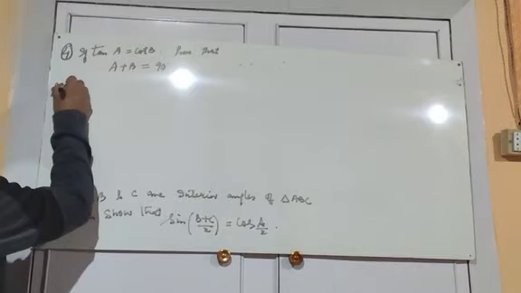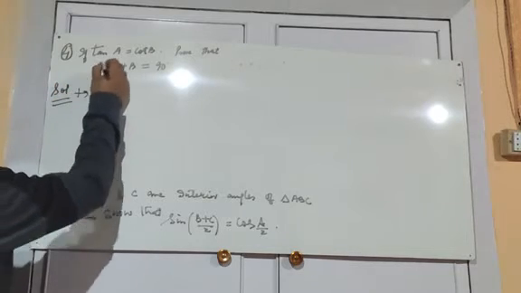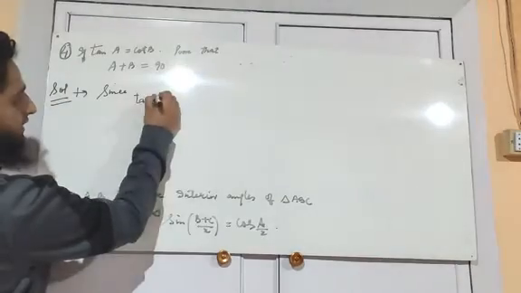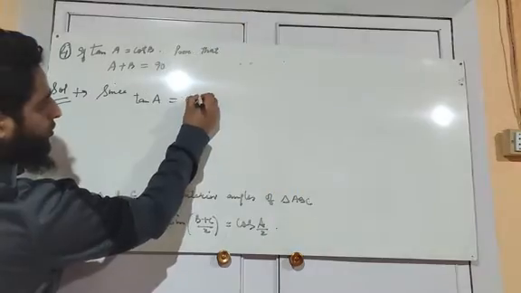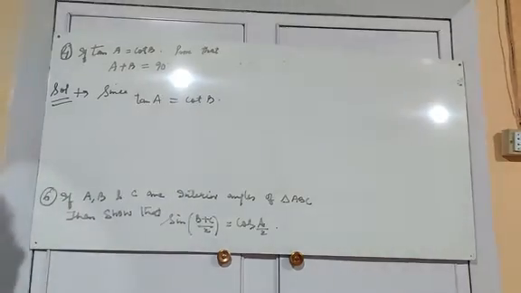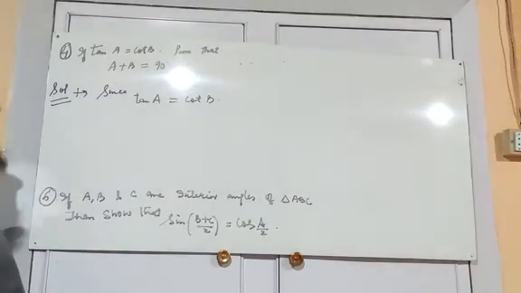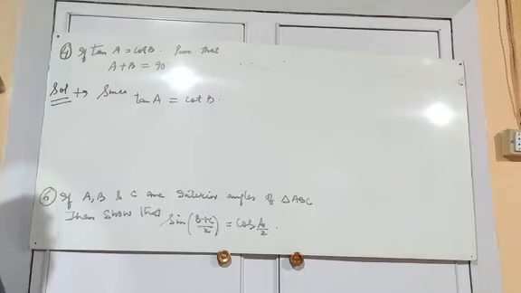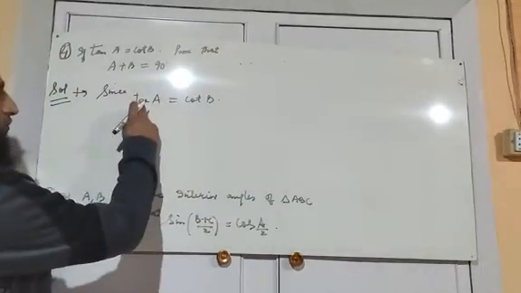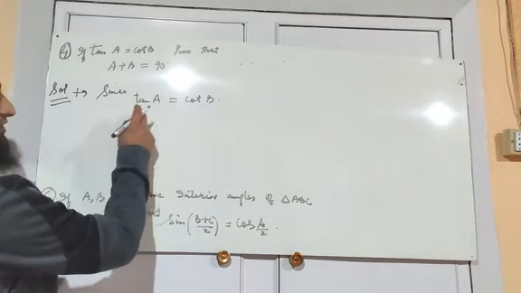Question number 6. Here is the solution. Since tangent of A is equal to cotangent of B. I told you a lot of times, if you have to solve the questions like that, you have to make the similar trigonometric ratios. We can change it or we can change it.